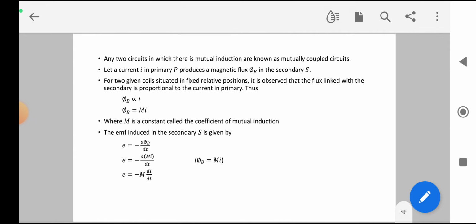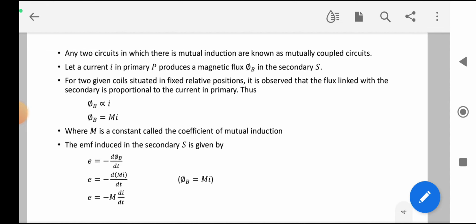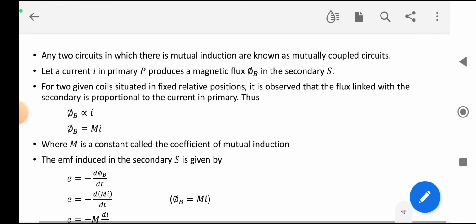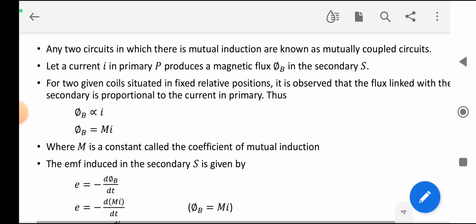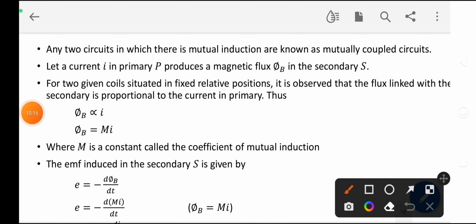Next, how can we calculate the coefficient of mutual induction? Any two circuits in which there is a mutual induction are known as mutually coupled circuits.